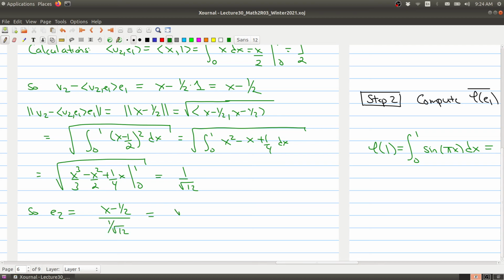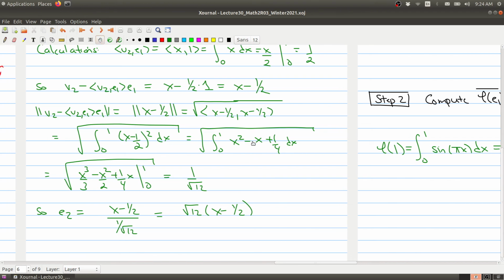I can write that cleanly as the square root of 12 times x minus 1/2. So our orthonormal basis of P1(R) is e1 equals 1 and e2 equals the square root of 12 times x minus 1/2. When we come back, we're going to use this orthonormal basis to finish up the problem.